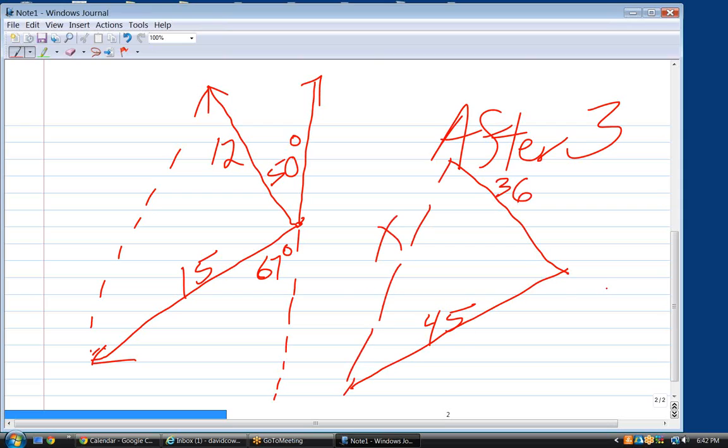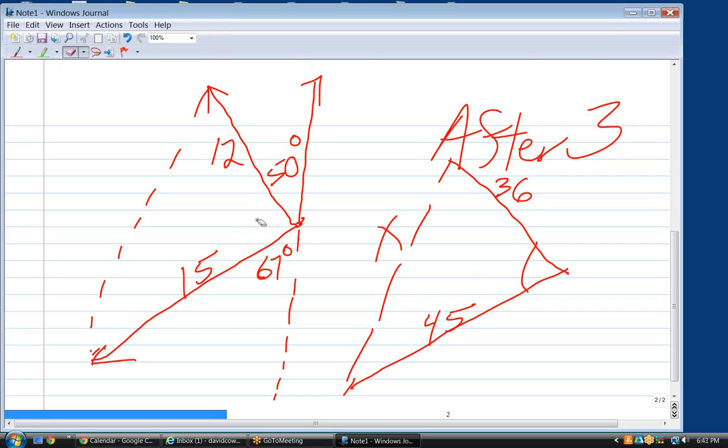Call it x. What's this angle here? You would take 180 and subtract 67.